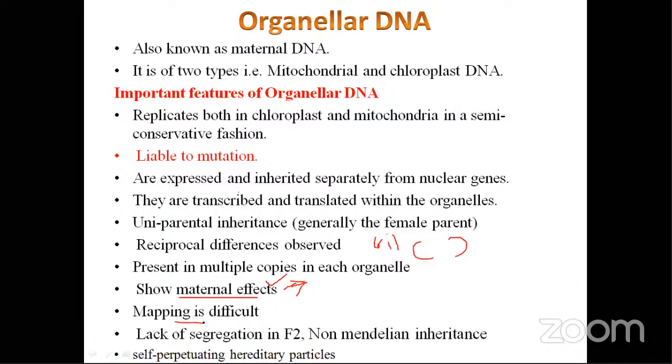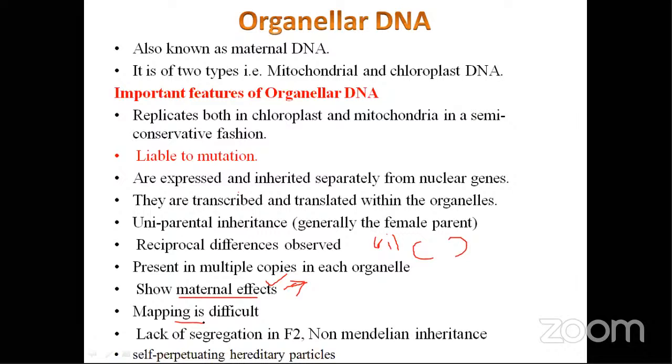They show non-Mendelian inheritance basically, because they are uniparentally inherited, so they cannot show any sort of Mendelian inheritance. Mendelian inheritance is what we studied in the earlier lectures, like 3:1 segregation for one gene, then 9:3:1 for two genes. Like that, there is no segregation pattern.